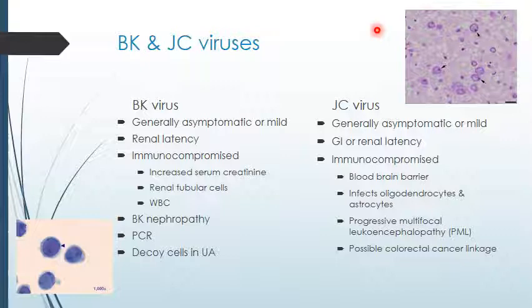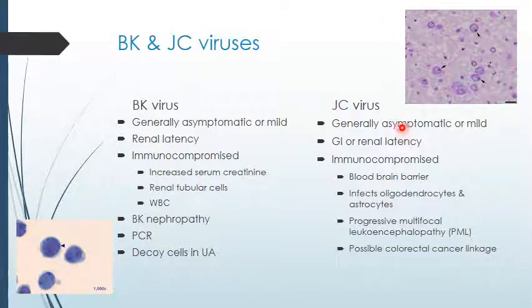Now the JC virus, also a very common virus. Most of us get it before we're adults, and it's thought that it's probably infected through contaminated water because it's found in high concentrations in urban sewage systems. So it's probably an infection of the tonsils or the GI tract, but the reality is we don't really know.